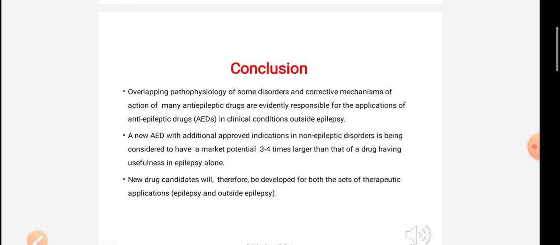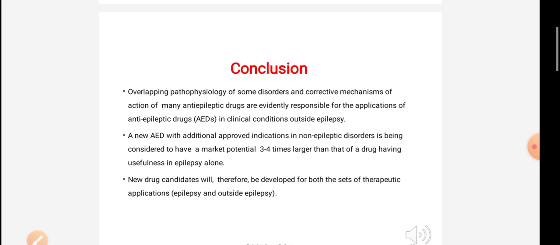So, to conclude today, I would say that overlapping pathophysiology of some disorders and corrective mechanisms of actions of many anti-epileptic drugs are evidently responsible for the applications of anti-epileptic drugs in clinical conditions outside epilepsy.